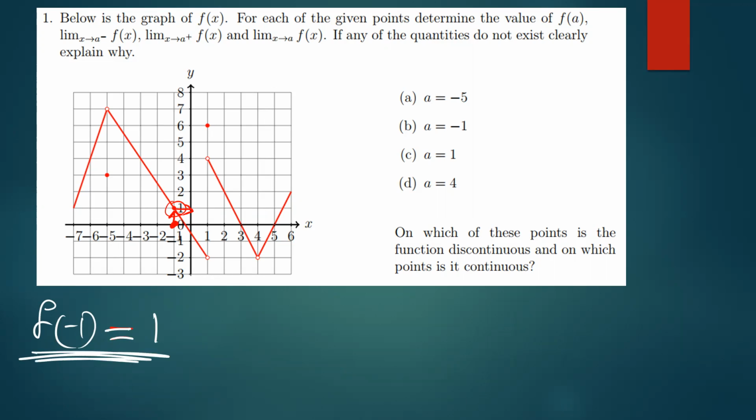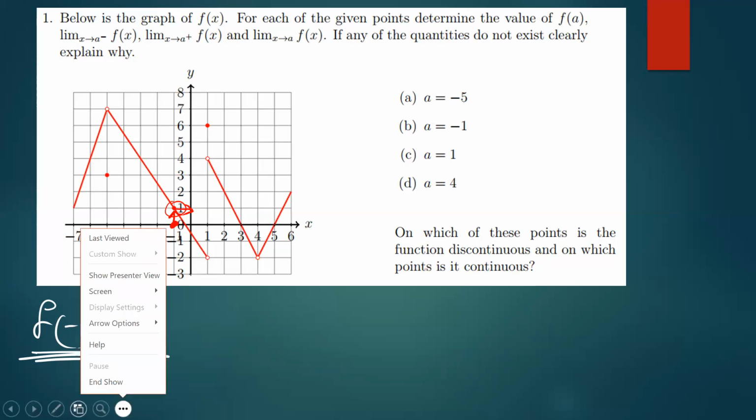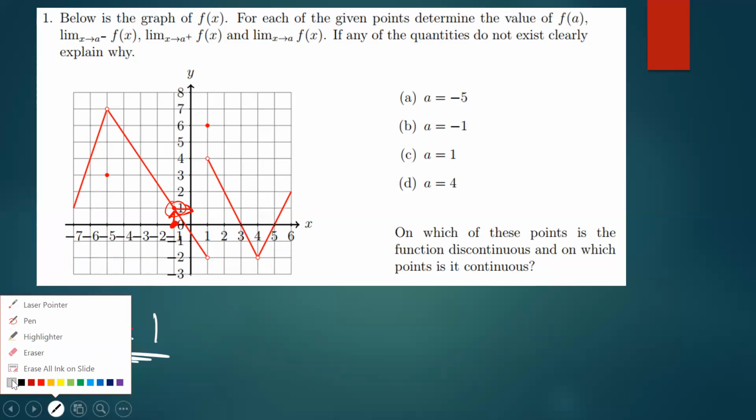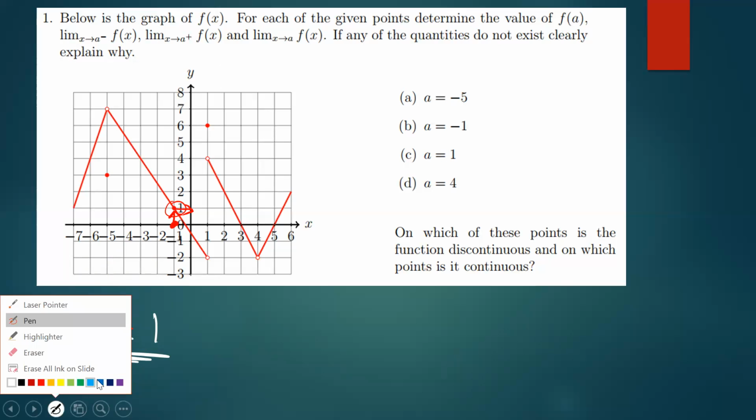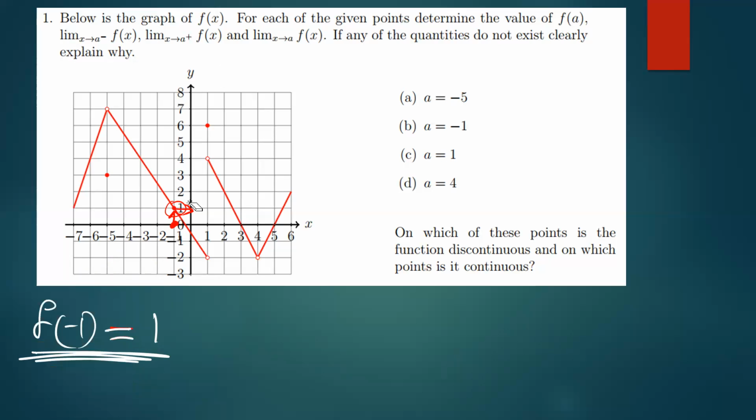And then we move on to the next one, where we have to find the limit of f of x as x is approaching -1 from the negative side. This one is still going to be 1. You just follow the same steps that I was showing you.